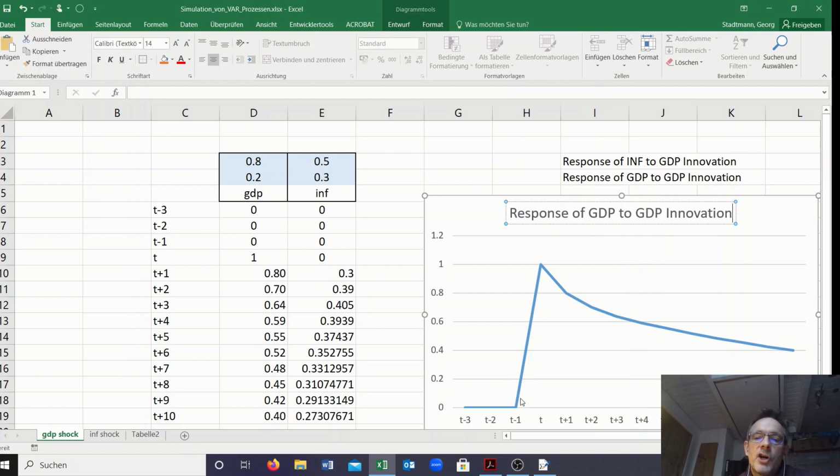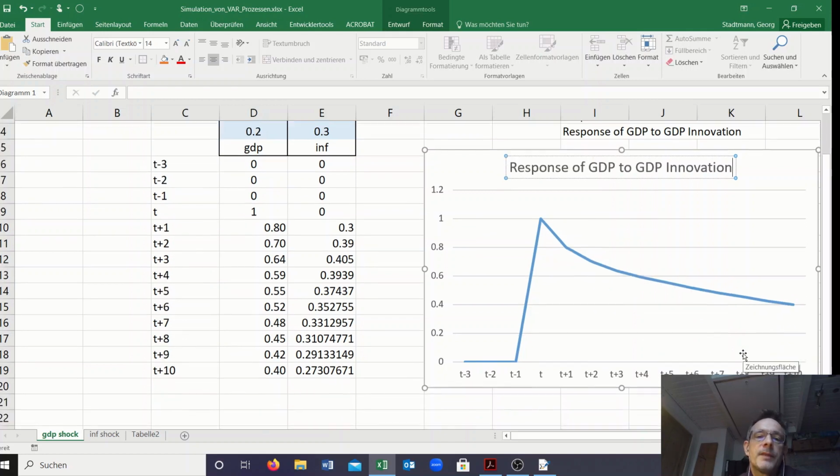We have the shock in period T of the size 1, normalized to 1. And in the next period, the shock is digested to some extent. So GDP in period T plus 1 will be equal to 0.8. And then the process will converge to 0 again, back to an equilibrium.